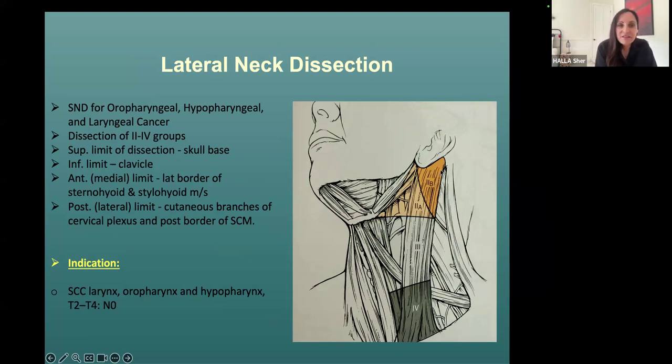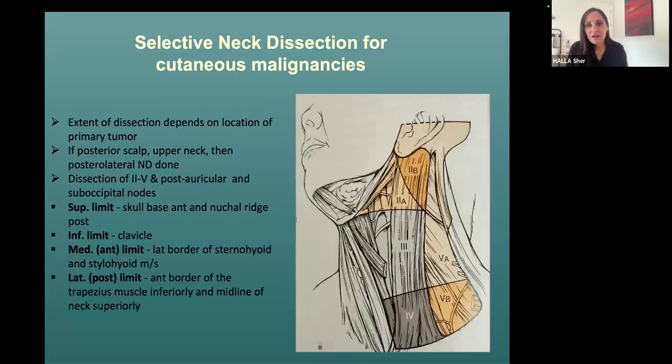And these are done primarily for squamous cell carcinomas of the oropharynx and the hypopharynx, and tumors that are T2 to T4 that are N0. Selective neck dissections are also often done for advanced cutaneous malignancies, and the location of the malignancy would dictate which levels are dissected.